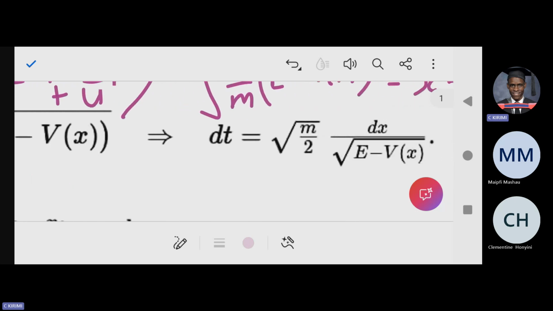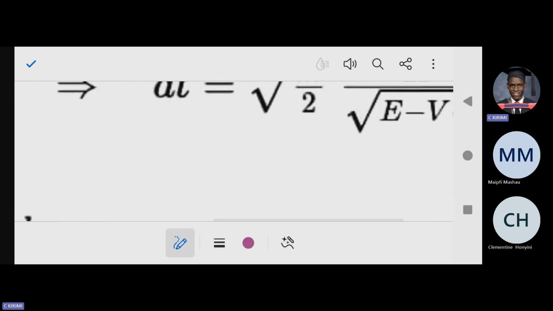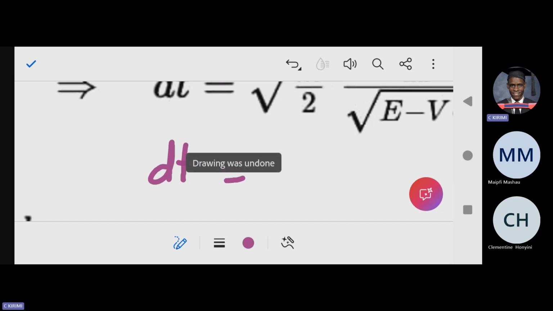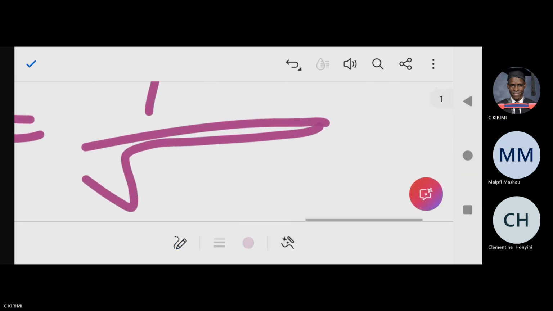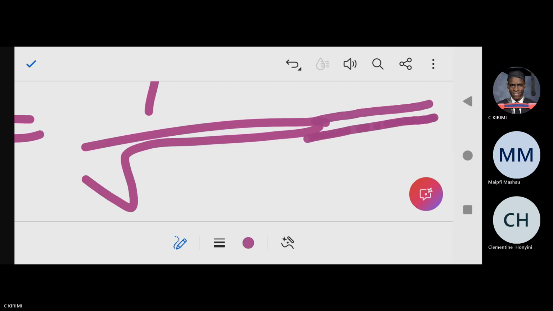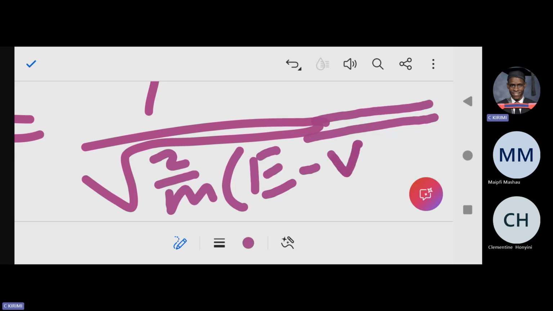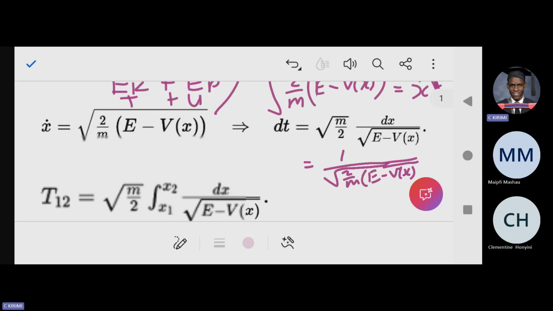So dt is 1 over the square root of 2 over m, bracket E minus V of x, bracket, times dx.